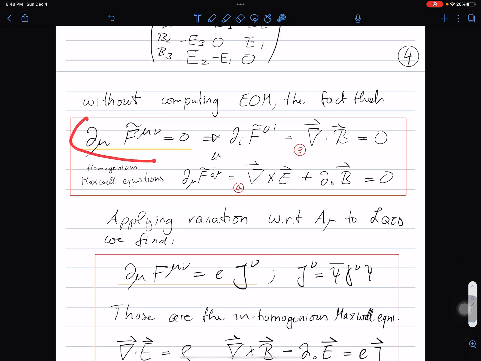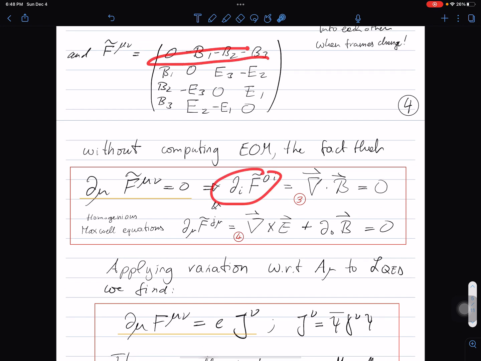As we said before, the total derivative of the dual field strength tensor is 0. So if we evaluate it on the temporal component, we essentially see that this is just the divergence of B that has to be 0.